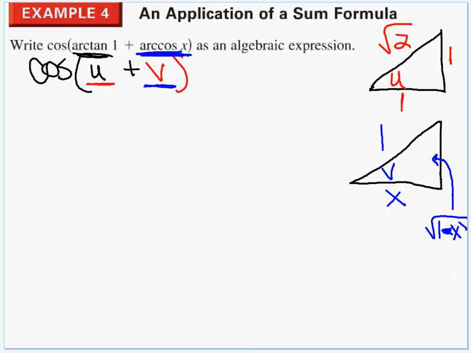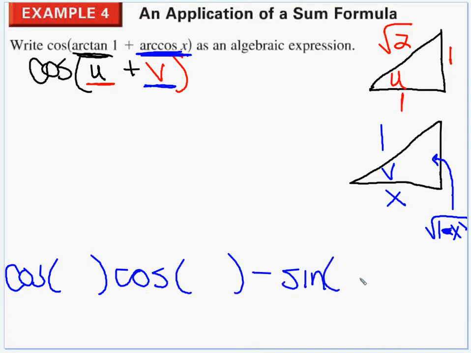All right. So let's expand this out. We have the cos of a sum formula. So this is going to be cos cos minus sine sine. Now this is where the problem gets kind of interesting. The first thing we put in for angle U is arctan 1.